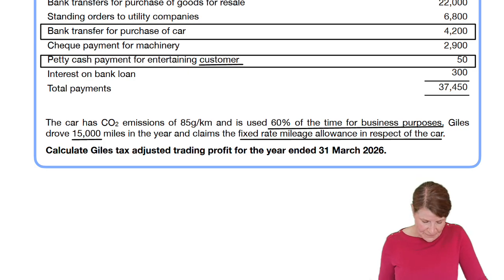So we've driven 15,000 miles, 60% of it was business purposes, and we're claiming the fixed rate mileage allowance. Now, if you claim the fixed rate mileage allowance, then remember you can't claim anything else. So you can't claim capital allowances, you can't claim insurance, you can't claim fuel, servicing costs, etc. The only extras you could possibly claim would be things like parking and toll roads. That would be fine.